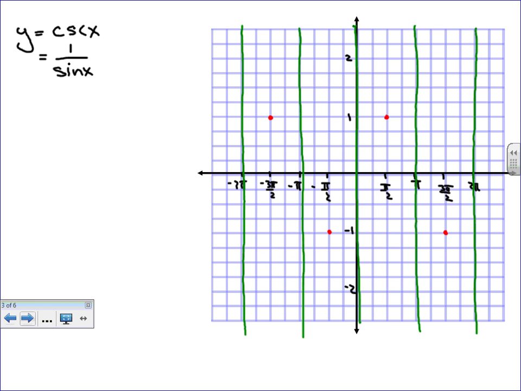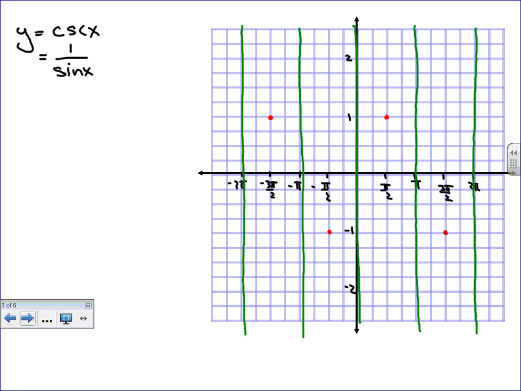Some people would have to go pi over 4, sine, and then divide it by 1, then take that answer and divide 1 by it. Some people would be able to go 1 divided by, then put in pi over 4, then sine, then it equals. Figure out how your calculator works, because everybody's is different.